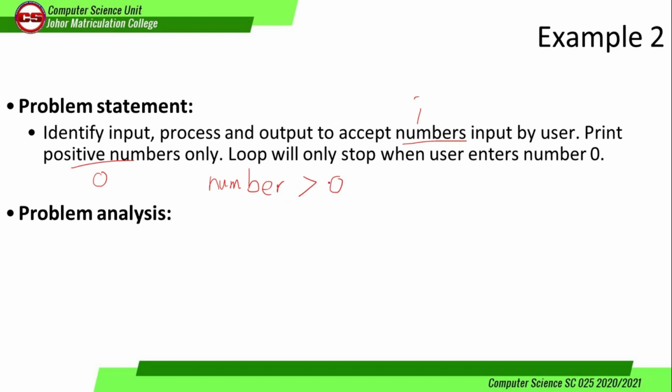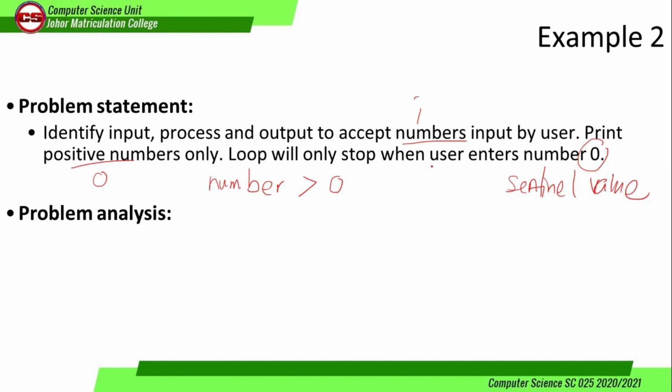If greater than 0, you can determine the positive number. So after that, the loop will only stop when user enters number 0. So it means 0 is a sentinel value, or sentinel number.